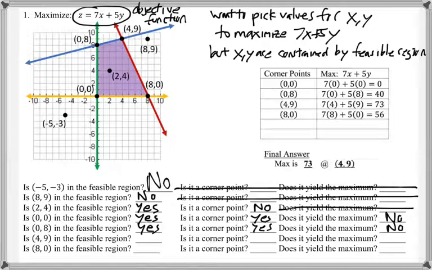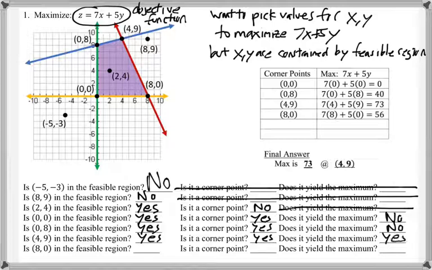Is 4, 9 in the feasible region? The answer is yes. Is it a corner point? Yes. Does it yield the maximum? So if you plug in 4, 9, you get 73. And that is the highest value here.